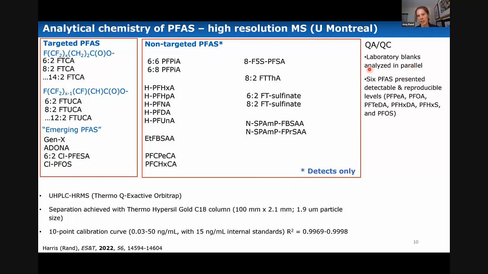They analyzed different laboratory blanks in parallel to the samples that we sent them and noted blank levels that contained PFCAs as well as PFSAs, but levels that were much lower than those that were found in our product extracts and were simply subtracted out.